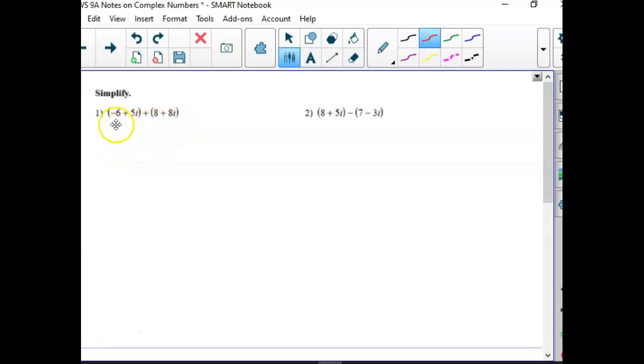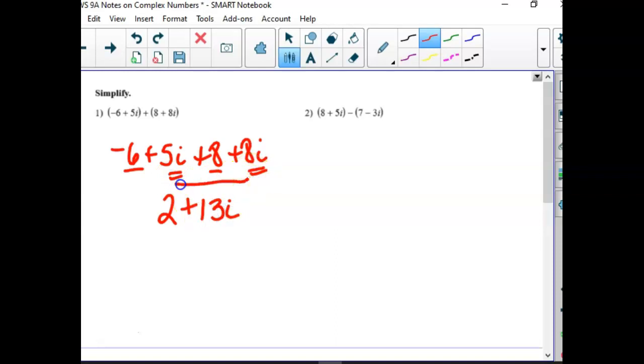These parentheses are just showing that this is one complex number and this is one complex number. But in the end, I'll rewrite it without the parentheses when it's a little bigger. We treat it like a variable. Combine like terms and we get negative 6 and 8 is 2, 5i and 8i is 13i. We're done.